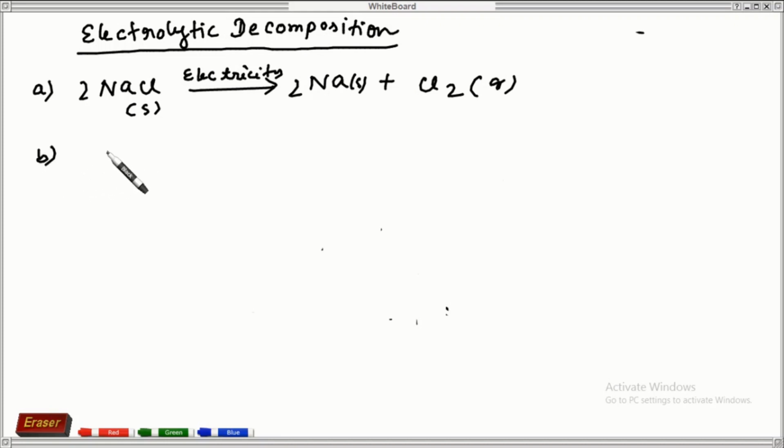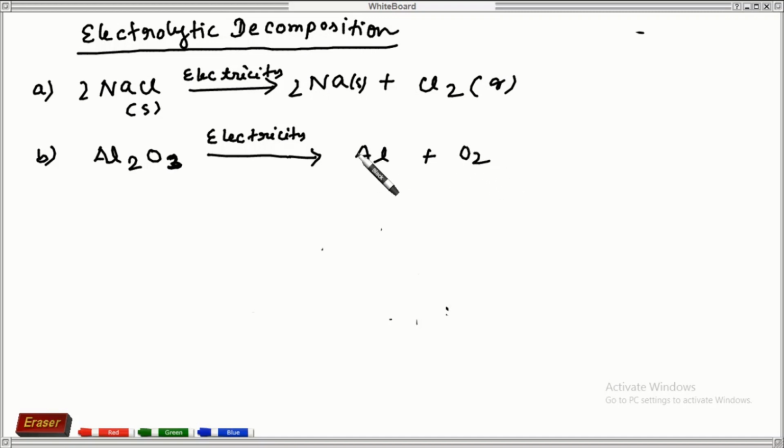Second example of decomposition reaction, decomposition of Al2O3. What is Al2O3? This is aluminium oxide. In presence of electricity, it breaks into aluminium and oxygen.